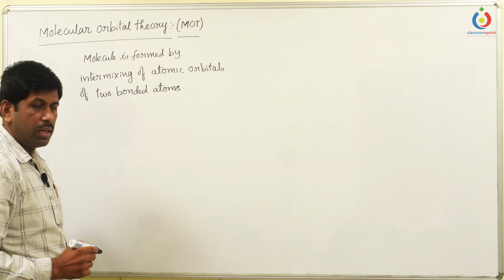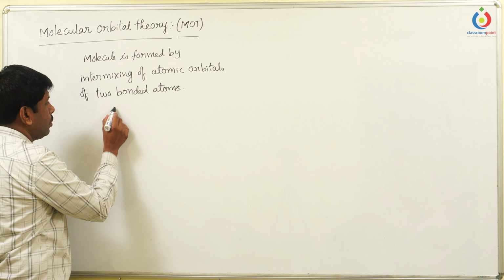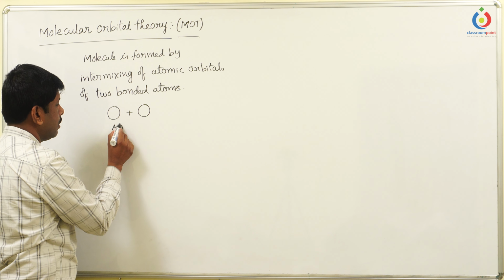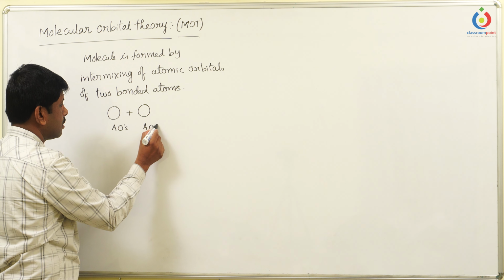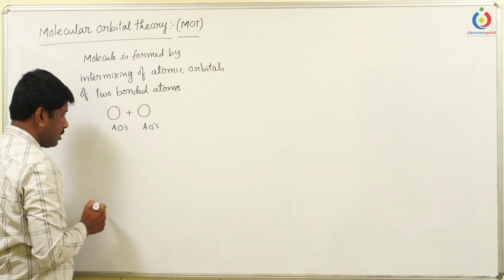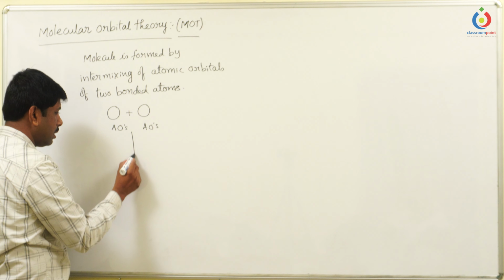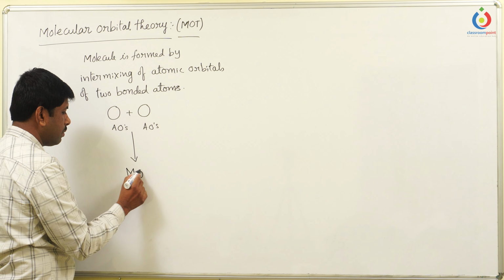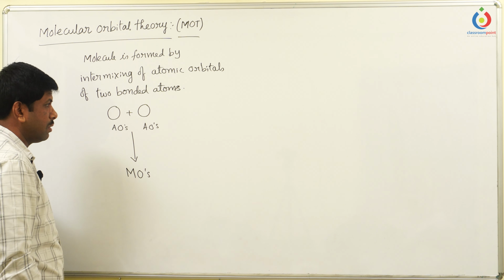So now let us take the concept. Imagine two atomic orbitals. AO stands for the atomic orbitals. So atomic orbitals of the atoms intermix with each other and they produce new orbitals which are called the molecular orbitals.